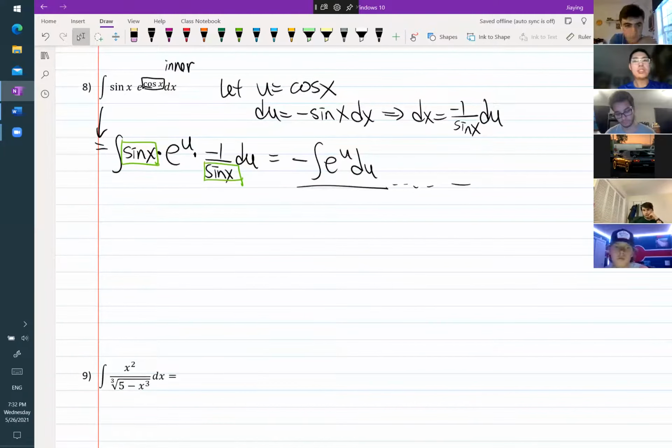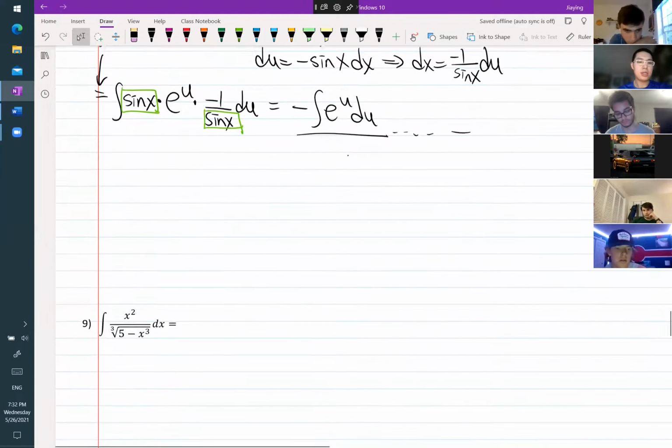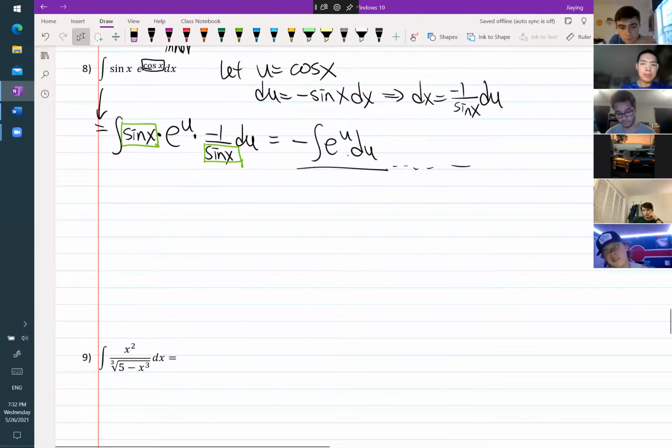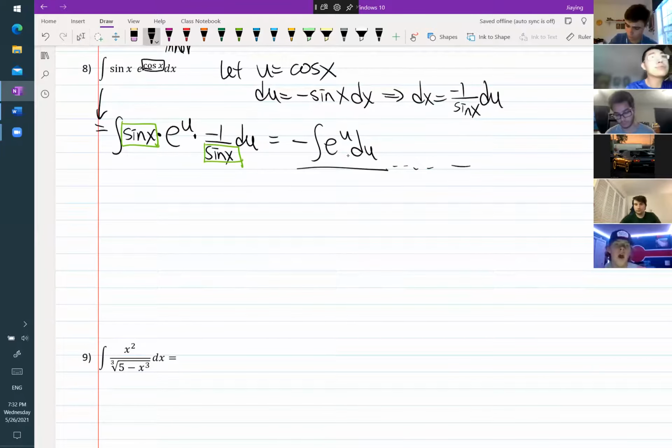The next one is the same. Number 9. Even though the structure looks complicated, you get a cube root as the denominator, x squared in the numerator, and in the cube root you still get something. It doesn't look like a product, but keep in mind that quotients are basically products.